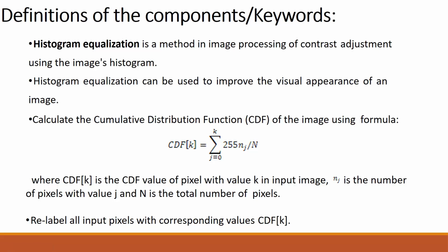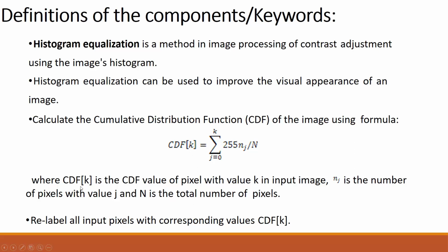First, we have to calculate the cumulative distribution function of the image using this formula. So CDF is equal to 255 times the summation of n_j divided by capital N, where the summation varies from j equal to 0 to k.